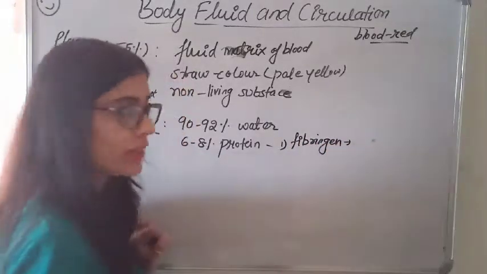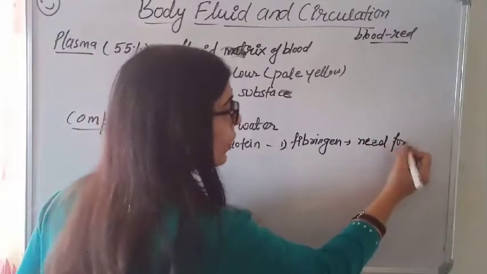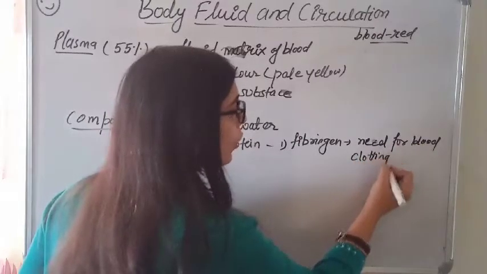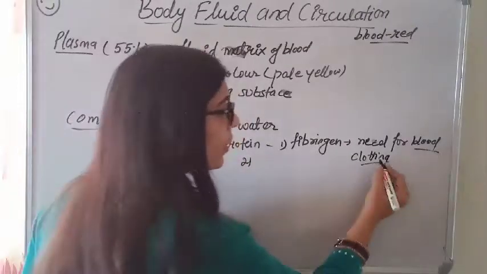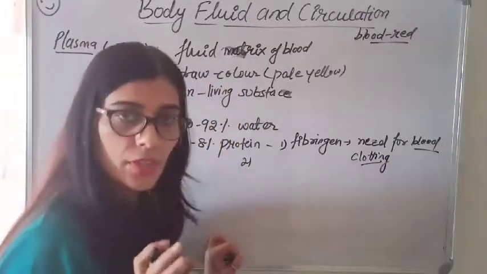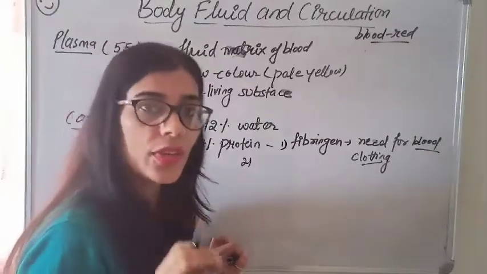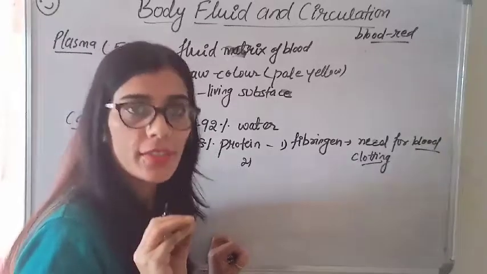If you have a bit of an idea, you know fibrinogen is needed for blood clotting, and blood clotting simply means a process to prevent the flow of blood in case of any injury, any cut, or any accident.